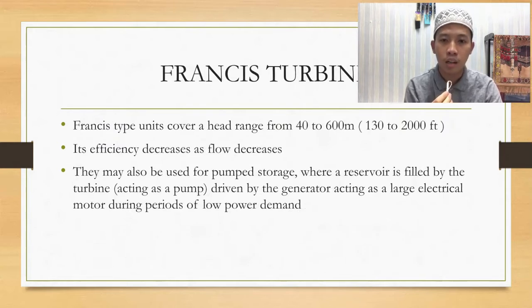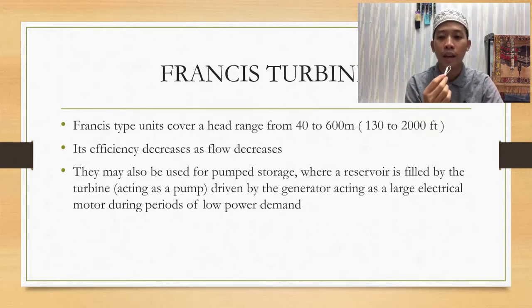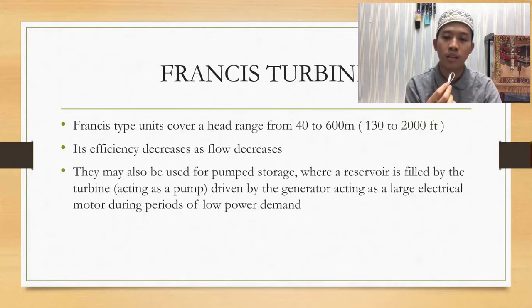So next, Francis turbine. Francis-type units cover a head range from 40 to 900 meters, which in terms of feet is 130 to 3,000 feet. Its efficiency decreases as flow decreases.